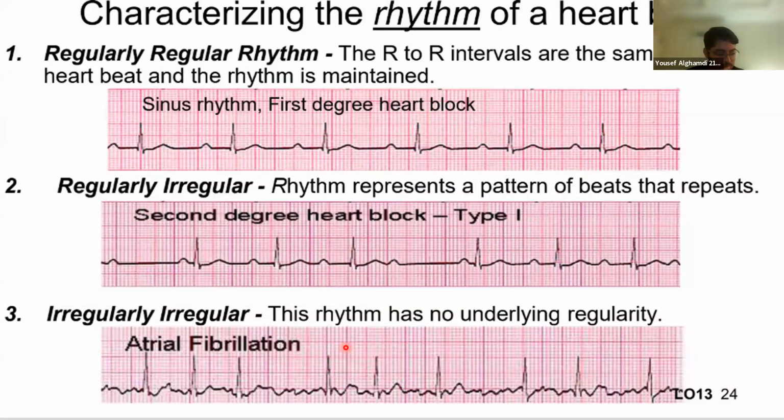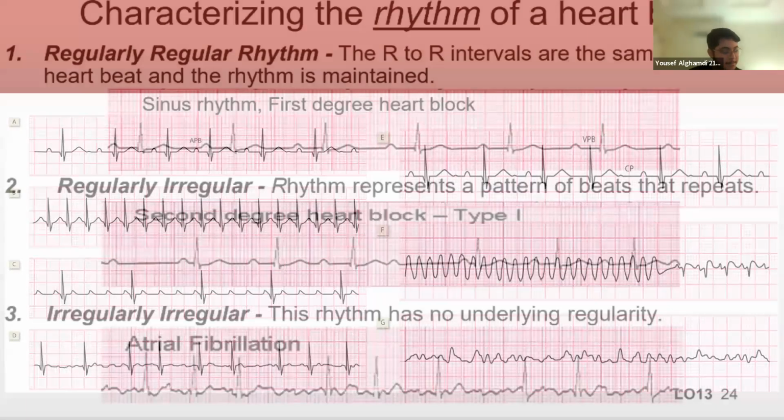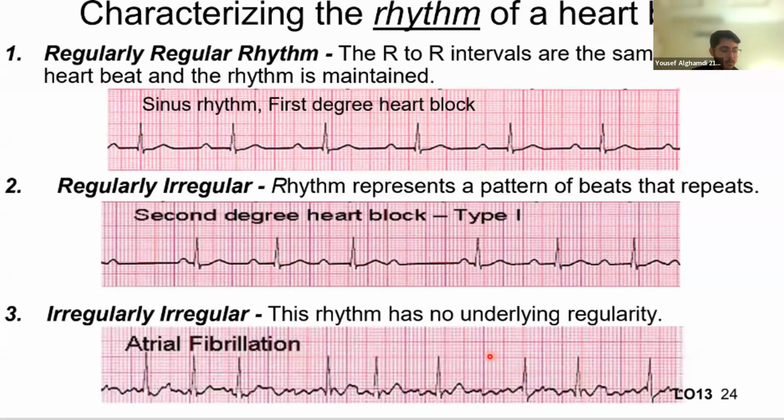Would you guys like me to? We can move on, or I can explain heart blocks or cardiogenic shock, basically. Okay.